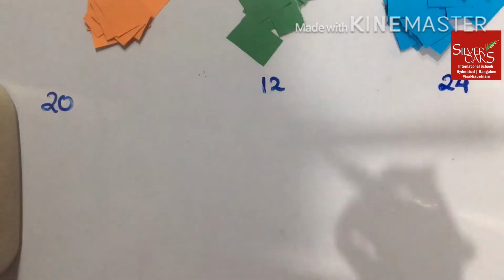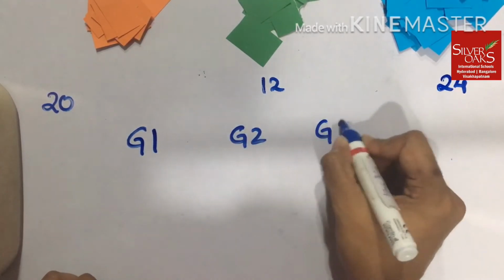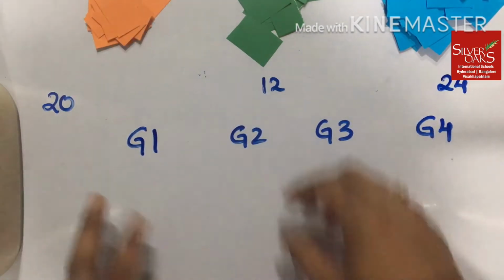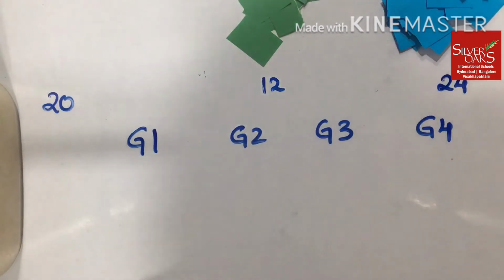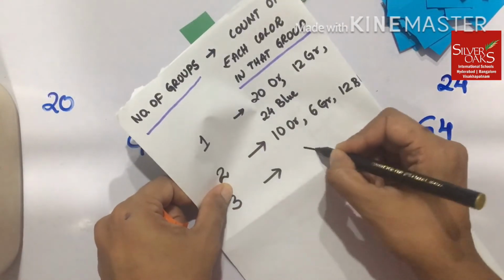Now let me see if I can form 4 groups. Group 3, group 4. So as 3 is not possible, I am just crossing it out.